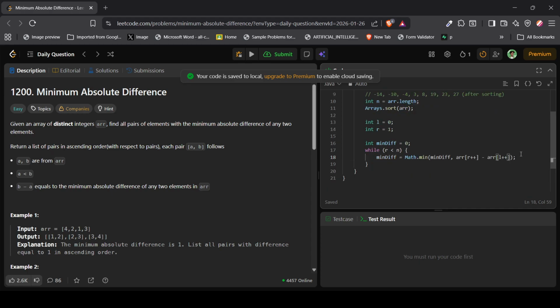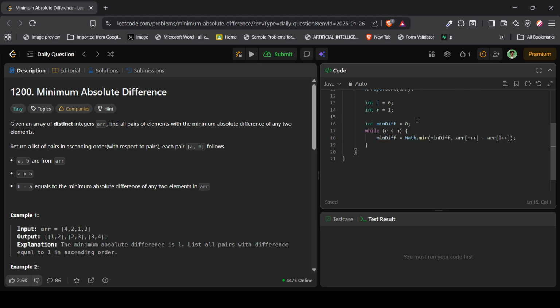I'm doing it here only, and we'll finally get the minimum difference, isn't it? So this is how we find the min diff here.